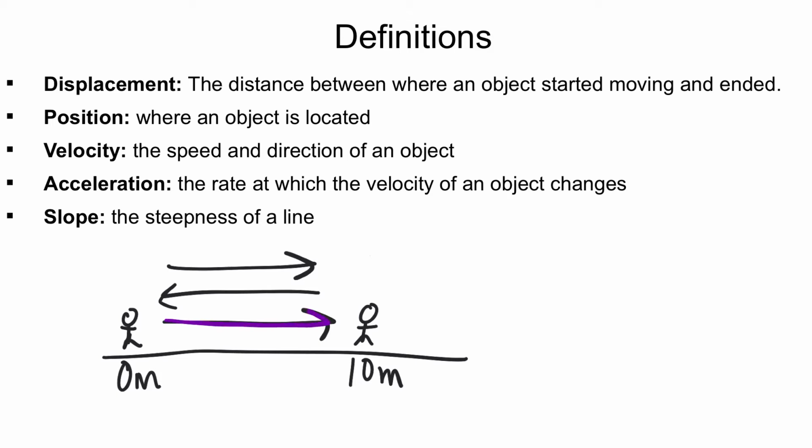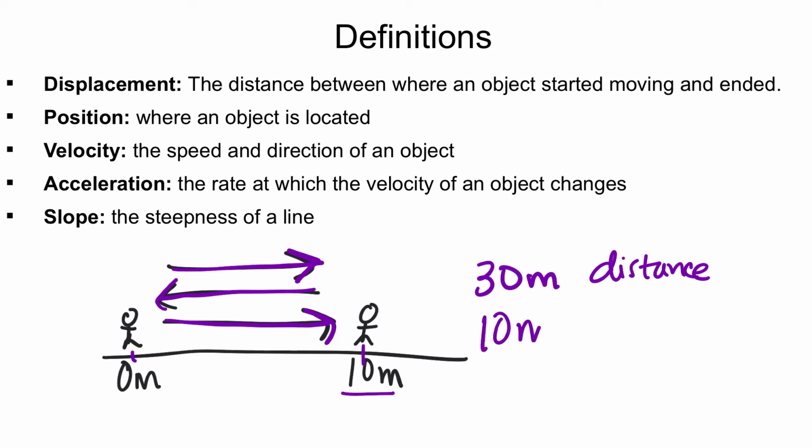So we walked 10 this way, and then 10 more that way, and then 10 more back to here. So I walked a total of 30 meters for my distance. However, for displacement, we're just looking at where you started versus where you ended. So he ended 10 meters from where he started, so he only has a 10 meter displacement.